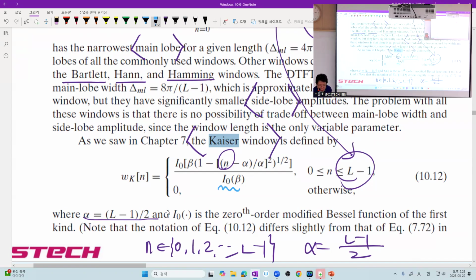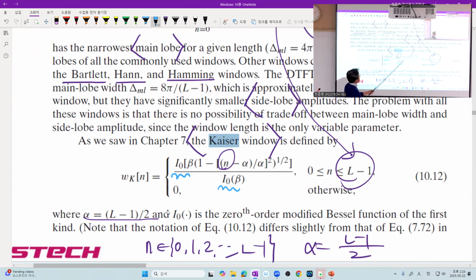And it involves your hated modified Bessel function of the zeroth order. And here goes the parameter beta that determines this window. So actually, without cutting the signal, so that it is of finite duration, suppose you only look at that part and ignore centering, then what will happen?